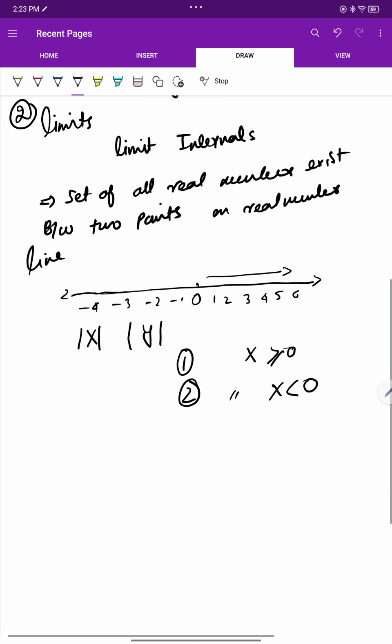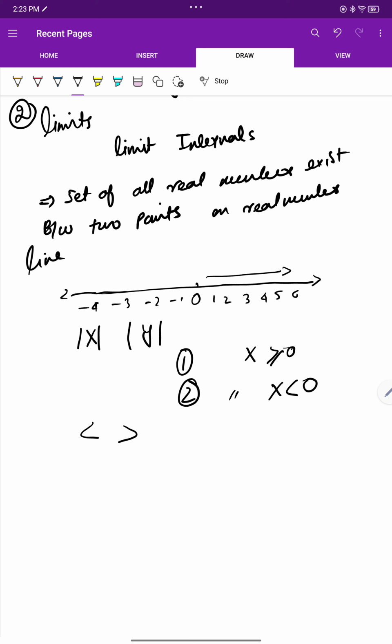So in the limits, we use an inequality sign: less than, greater than, less than equal to, and greater than equal to. So if you come across sometime, if I can say you like -6 is less than x, and x is less than 4 on real number line.